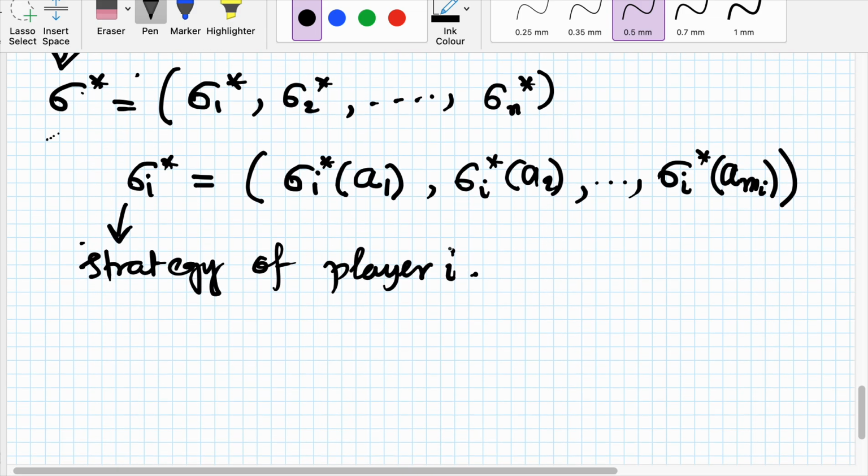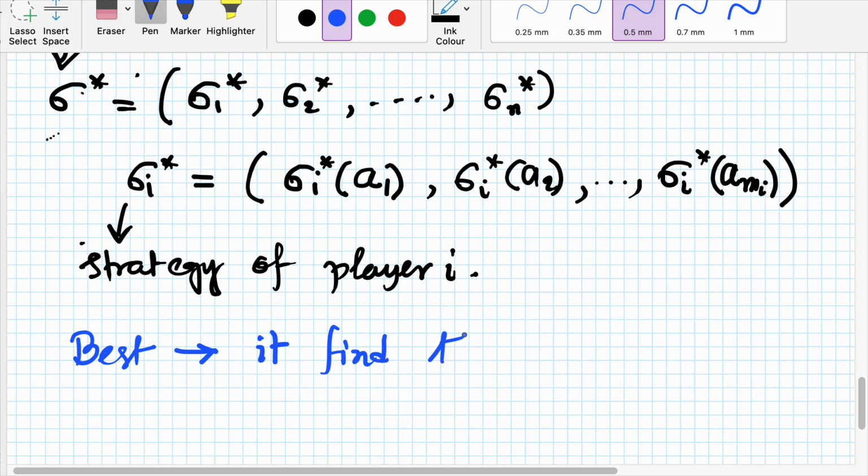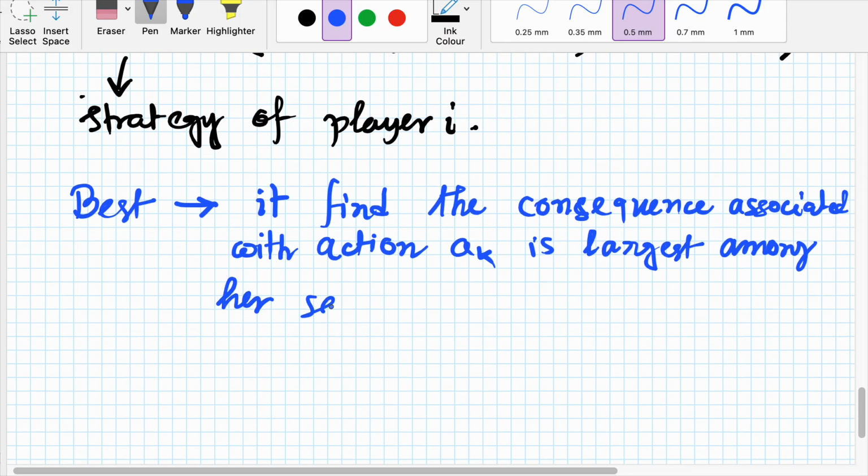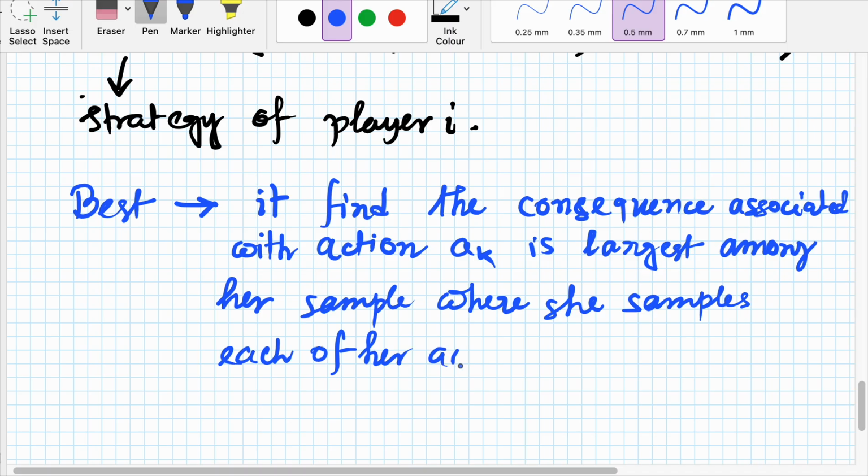So what does it mean? What does the word "best" mean? Best actually means nothing but that she finds the consequence associated with action AK is the largest among her sample, where she samples each of her actions once, independently.